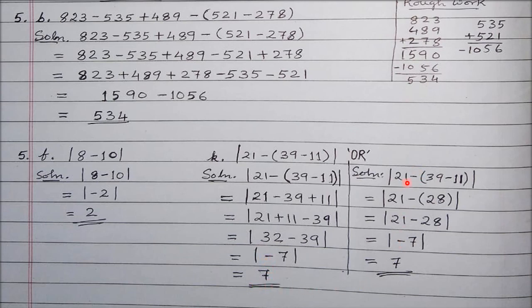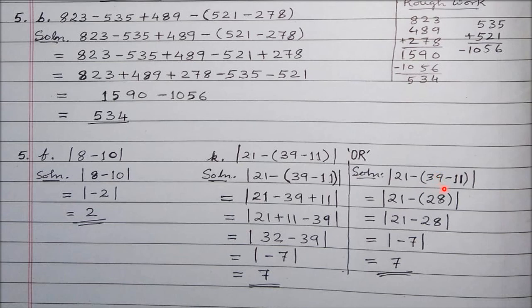Next, absolute value of 21 minus bracket 39 minus 11 bracket close. We can do this one in two ways, so I am showing you the other method here. The first way was by opening the bracket, or you may do it this way, by the BODMAS rule.